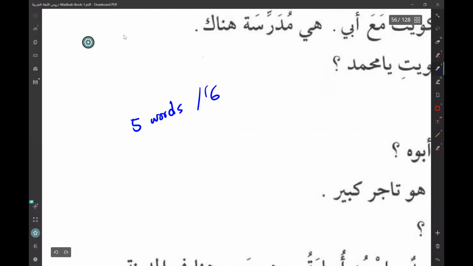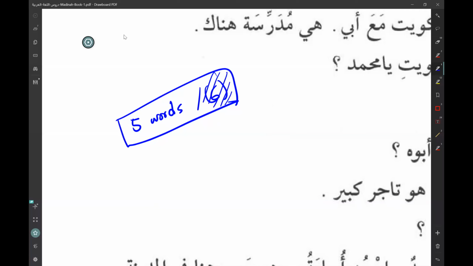Some say 6, but this word is actually not used too much anyway. Only 5 words in the entire Arabic language. There are probably gazillions of words, but only 5 words. That is called al asmaul khamsa.